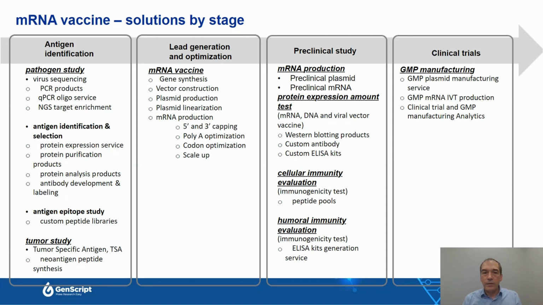This is the summary of what we can do for mRNA vaccines. Basically, we can support you from the very early stage, from antigen identification, lead generation and optimization, preclinical studies and clinical trials.